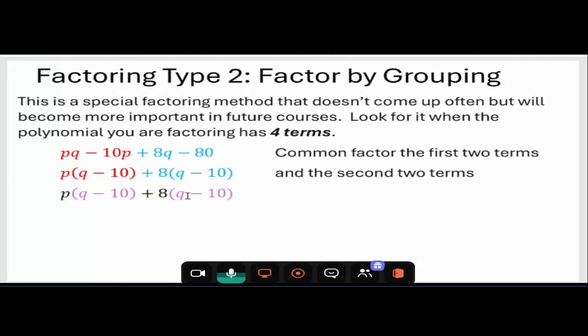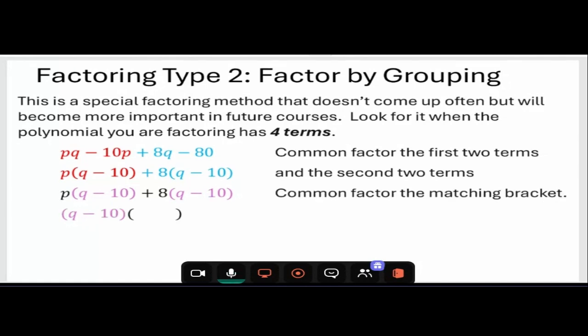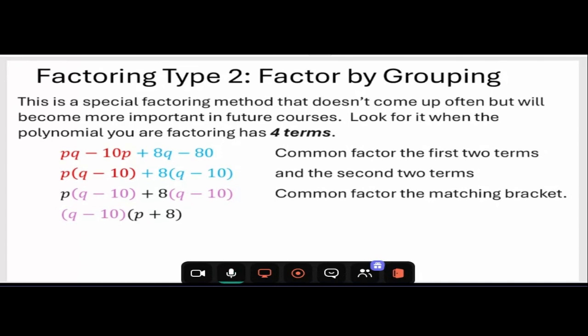Because now that purple bracket, listen to my words here, that purple bracket, the entire purple bracket, can be common factored out like that. And then you see what's left behind when you pull out a q minus 10 from both of the other pieces. What's left behind, you can see in black, is a p plus 8.